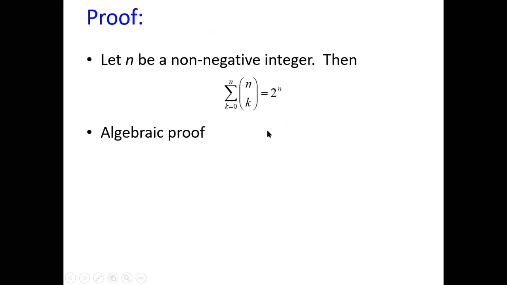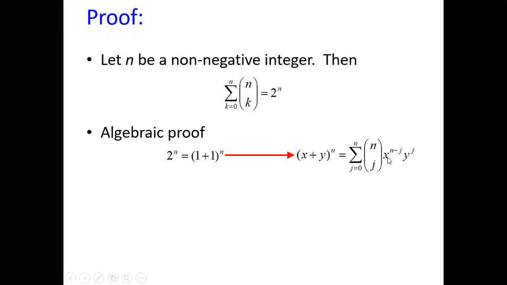We must prove this. Algebraic proof is very easy. 2 power n equals 1 plus 1 power n. But 1 plus 1 power n is similar to x plus y power n. So we use this summation equation.